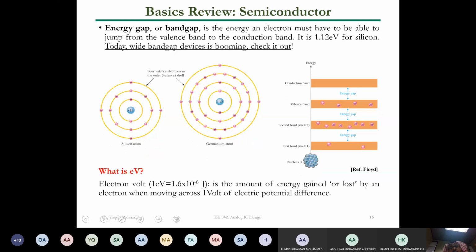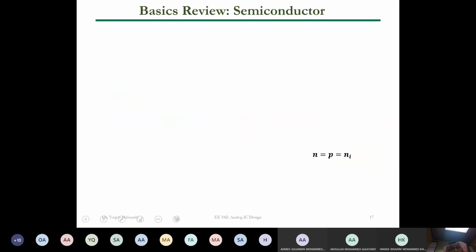Then for this slide, I need you to know that we have energy gaps. Our electrons are available in levels around the atom.